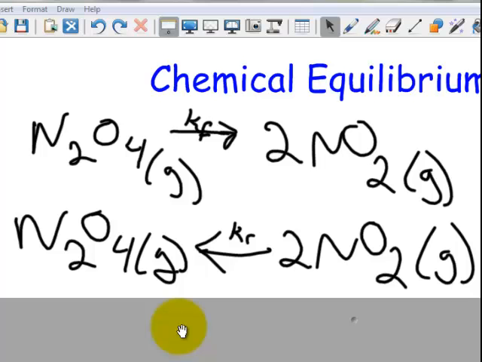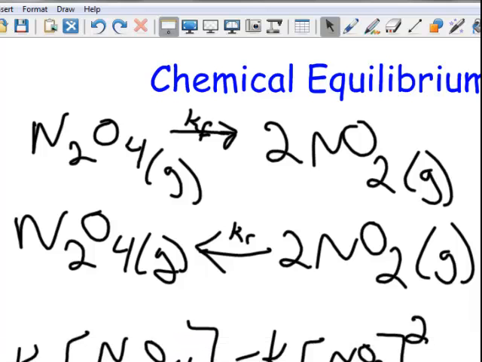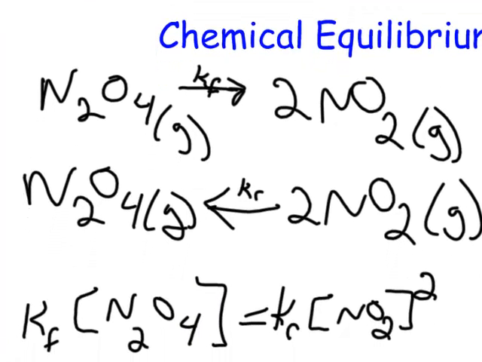So what does that mean in terms of our chemical equations here? Well, if we think back to the kinetics chapter and we call these elementary reactions, then we can say the rate of the forward reaction is equal to the rate constant of the forward reaction times the concentration of N2O4, and we can say the rate of this reverse reaction is equal to the rate constant of the reverse reaction times the concentration of NO2 squared.